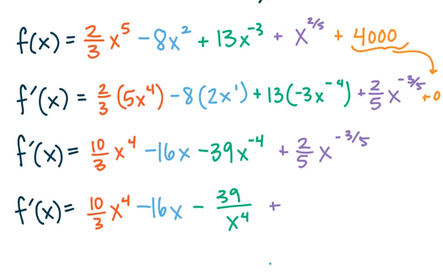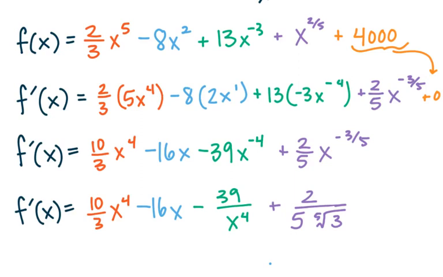And I could have plus 2 over 5x to the 3/5. And x to the 3/5, that's the same as writing the 5th root of x cubed. Right? So both these last two lines represent a correct derivative. This one's just simplified, maybe to look a little bit more like what we started with.